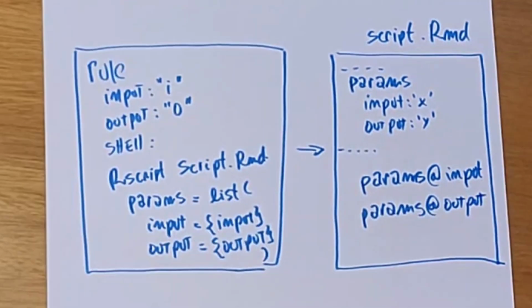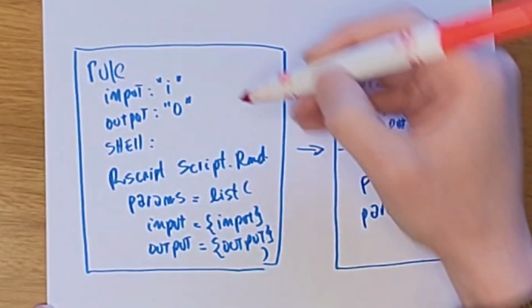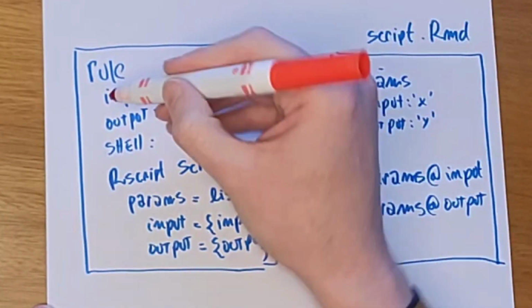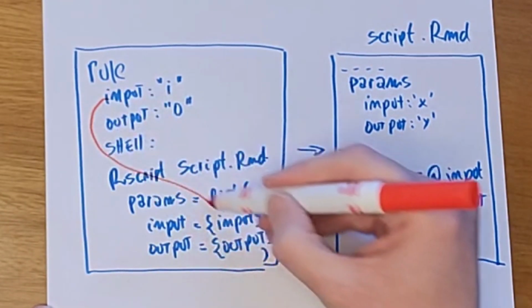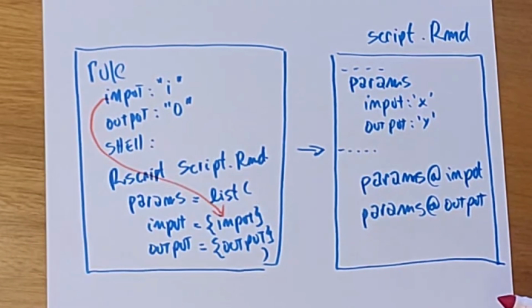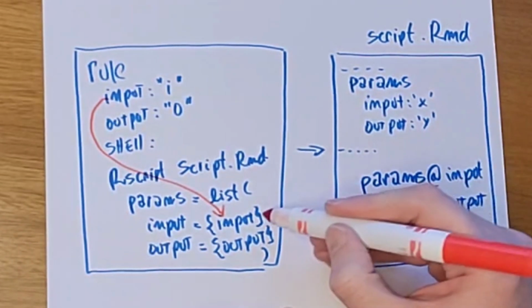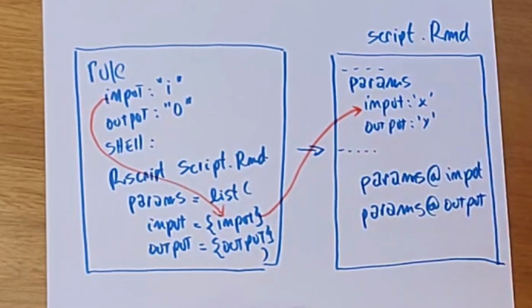So the way it works, the input from the rule gets assigned to the inputs in the params within the shell command of the rule, and then this is populated in the header of the R Markdown script, and then we can access this input using the params objects within our script.